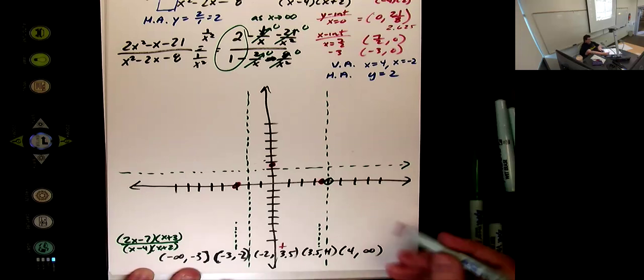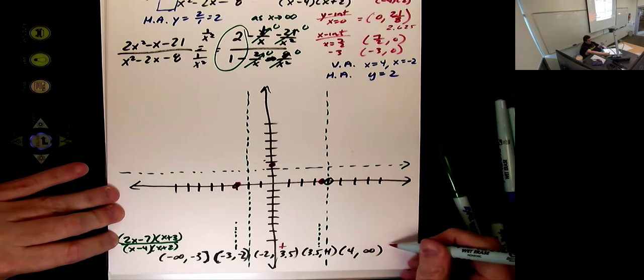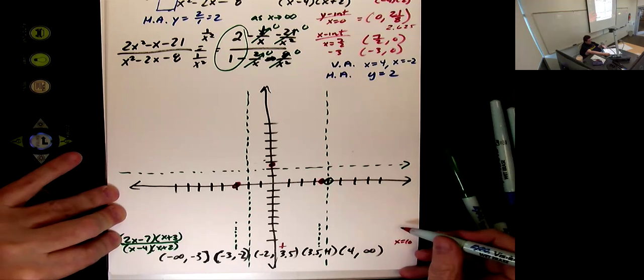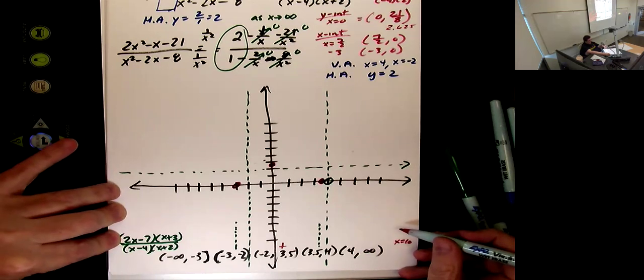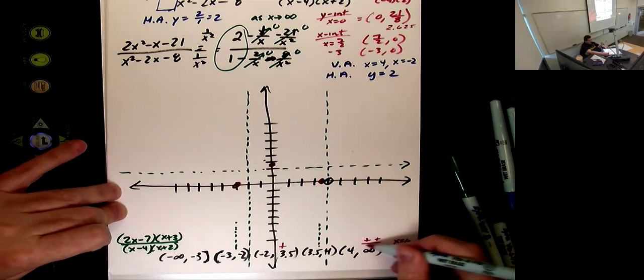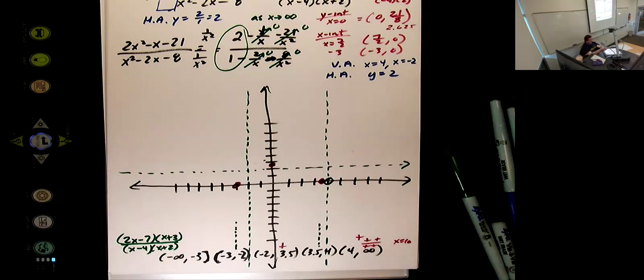If I try x equals 10, 2 times 10 is 20, 20 minus 7 is 13, that's positive, and all of them tend to be positive right there. So this is a positive region, we're gonna be up above.